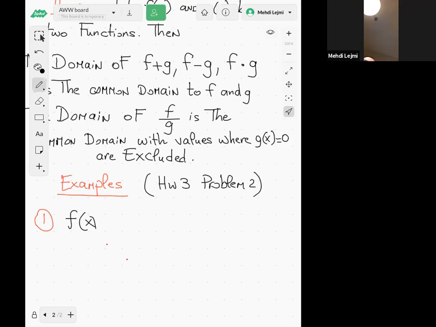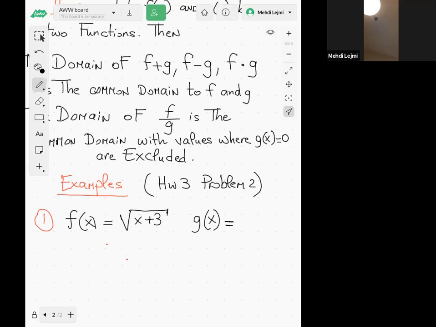Anyway, so let's say f of x is square root of x plus 3, and g of x, let's take both of them like square root.